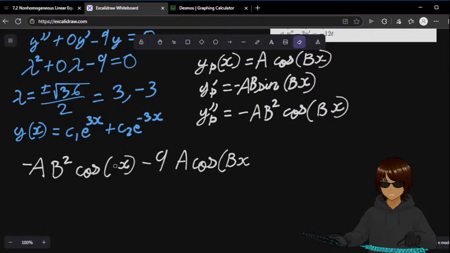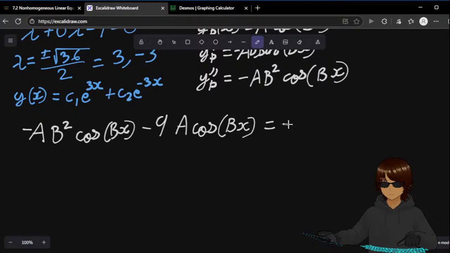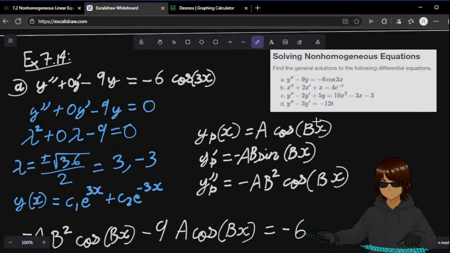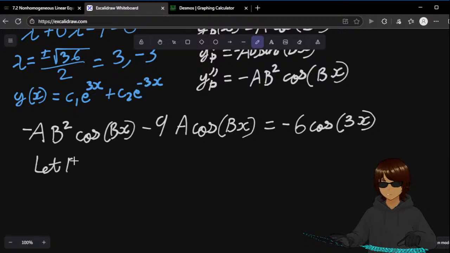This is not 3x, this is bx. This gives minus 6 cos 3x. So it makes sense to let b equal 3.